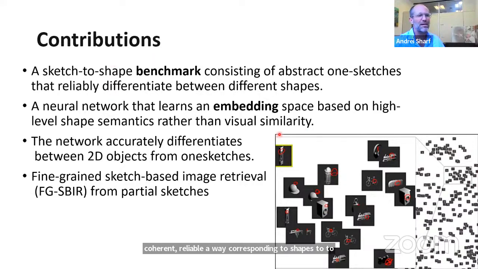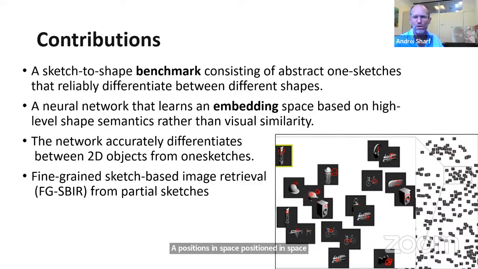Then we built a neural representation of the space of sketches, which we called an embedding space of the sketches. And you can see the embedding here. This is a 2D visualization of how the embedding of sketches looks, how it was positioned in space.